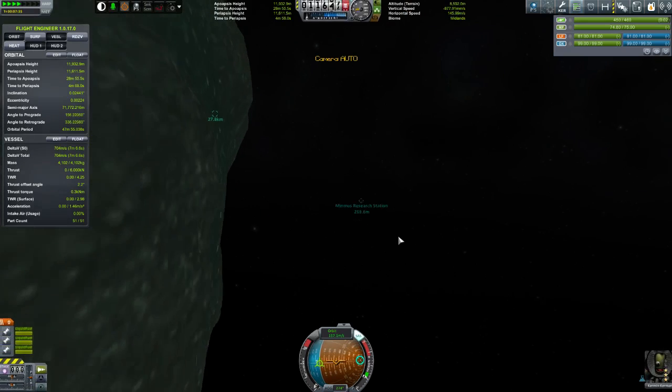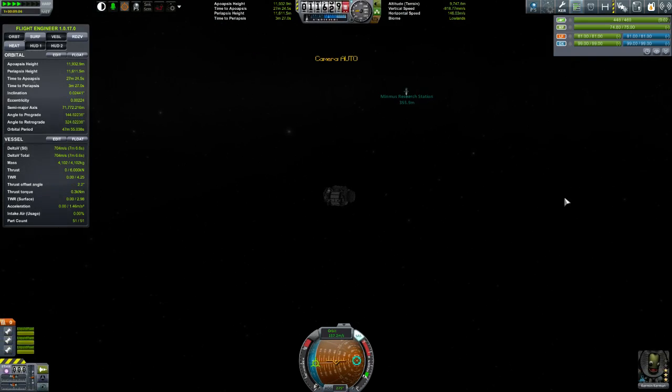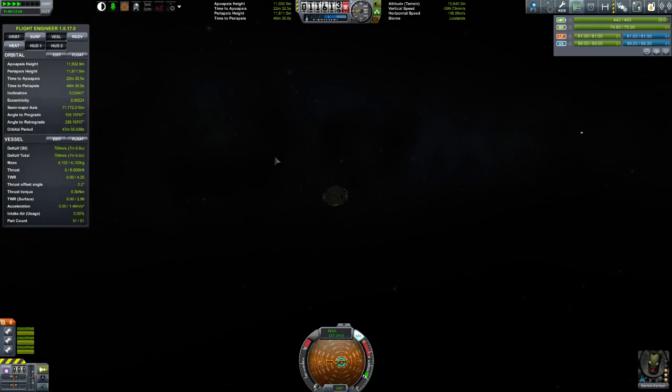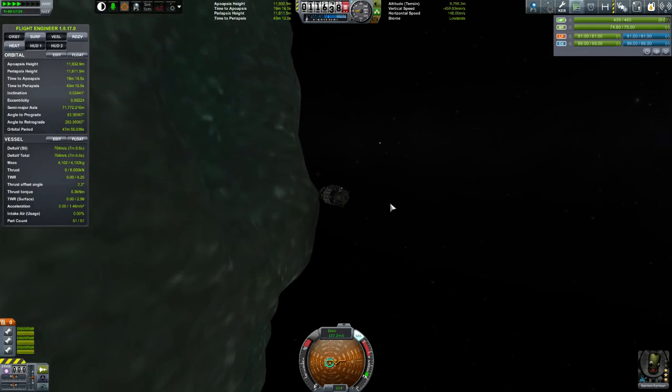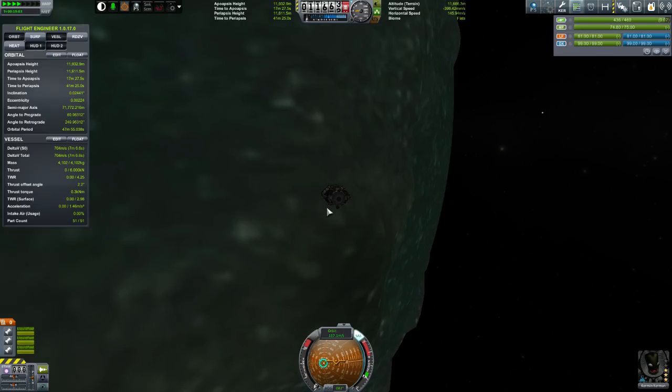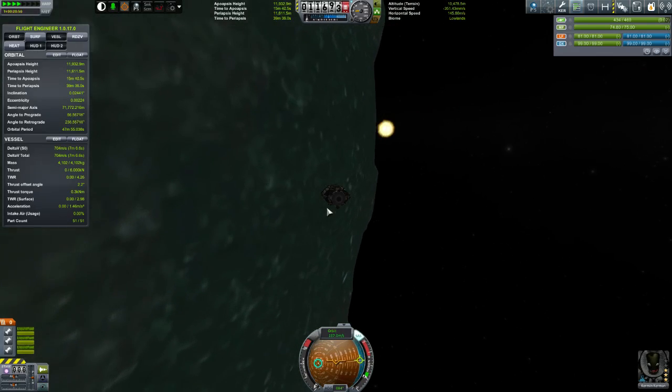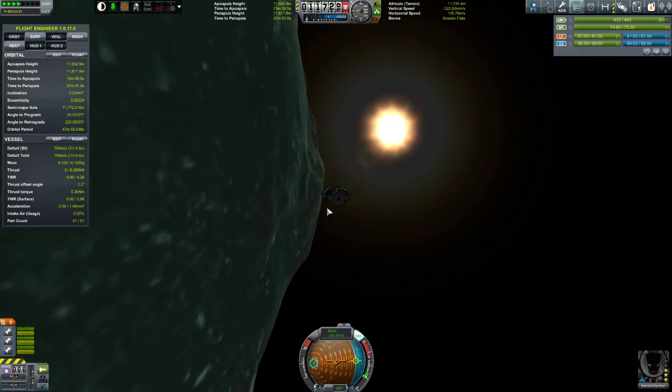And what I'm going to demonstrate is a low orbit, constant altitude deorbit burn. Now, what is a constant altitude deorbit burn? Well, it's a way in which you can deal with high orbital speed.